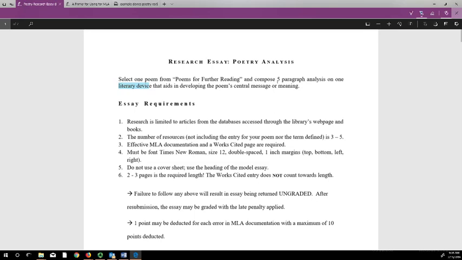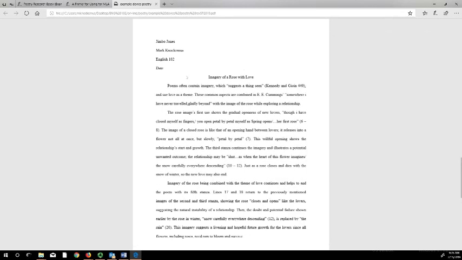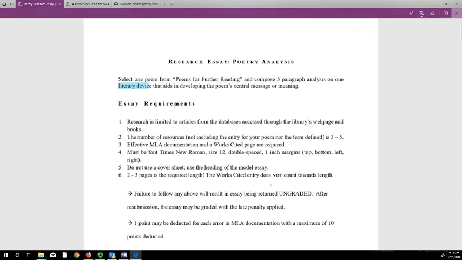So we want a 5-paragraph analysis on one literary device that aids in developing the poem's central message or meaning. Now you might be saying to yourself, Mr. K, that sounds a lot like what we just did with this one. And you're exactly right. So the skill that we had with this one, we're just taking it and now we're doing research to plug in there. Okay?